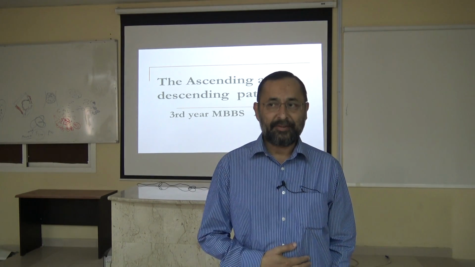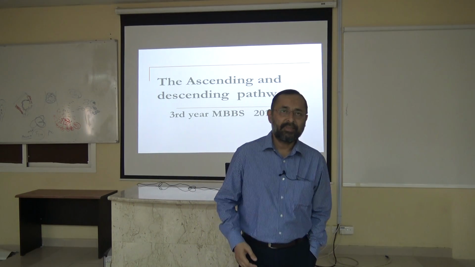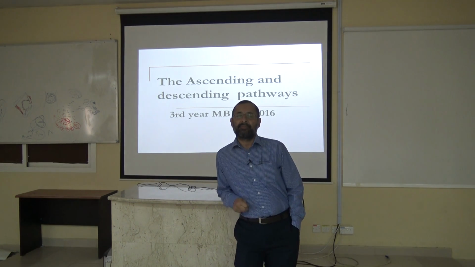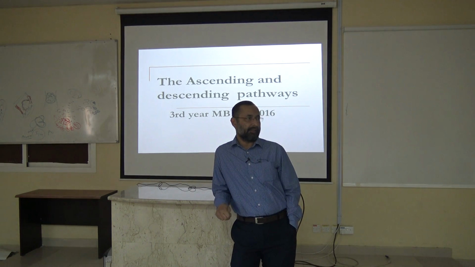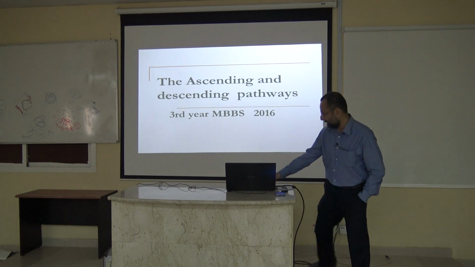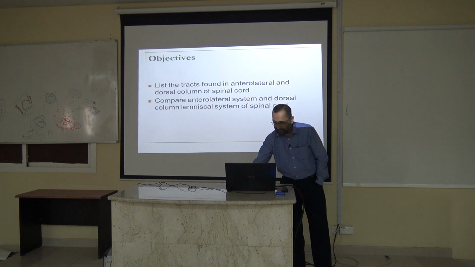we have a picture of the central nervous system, and we see that we need to define some terms before we further proceed. So we'll begin our discussion with a few terms, and then we'll quickly move one by one. Let us see what terms we have. These are the objectives.